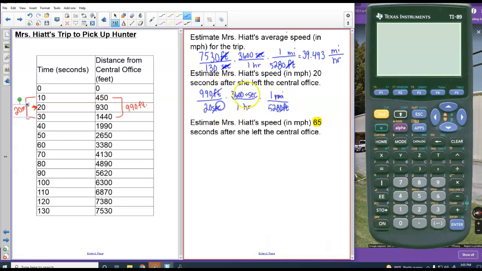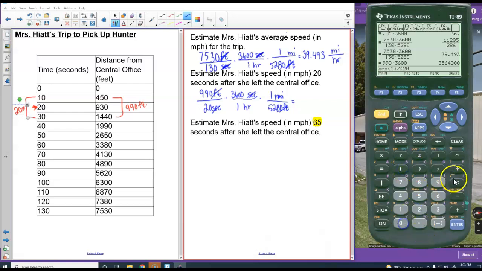Feet cancel, seconds cancel. Let's see, we're going to have 990 times 3,600 divided by 20 times 5,280. Be careful right here about it. I need 135 divided by 4. So you get 33.75.